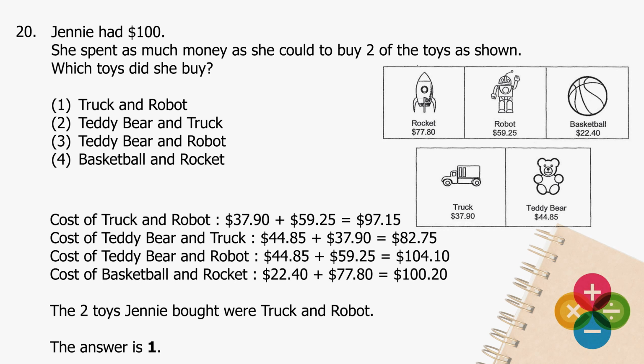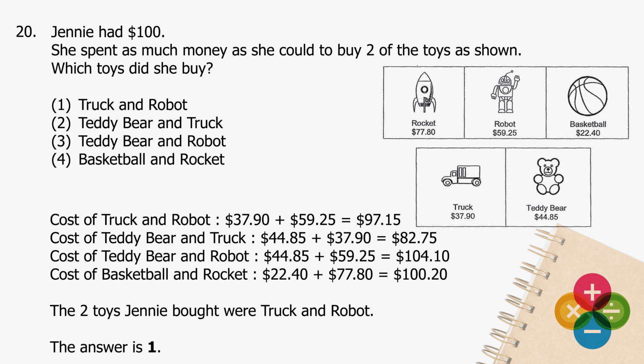The cost of truck and robot will be add $37.90 to $59.25, and the sum is $97.15. The cost of teddy bear and truck will be add $44.85 to $37.90, and the sum is $82.75.